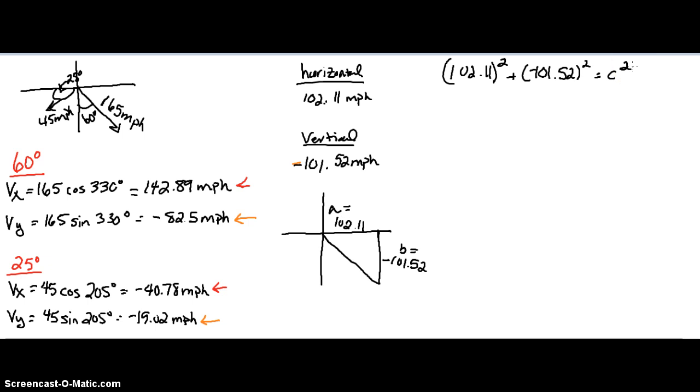If we square those things and add them up, we get a big number. It's 20,732.7625 equals C squared. I want to take the square root of both sides, and if I finish that calculation and round it to the nearest hundredth, I get 143.99 is equal to C. So that's the plane's ground speed. Of course, this is in miles per hour.